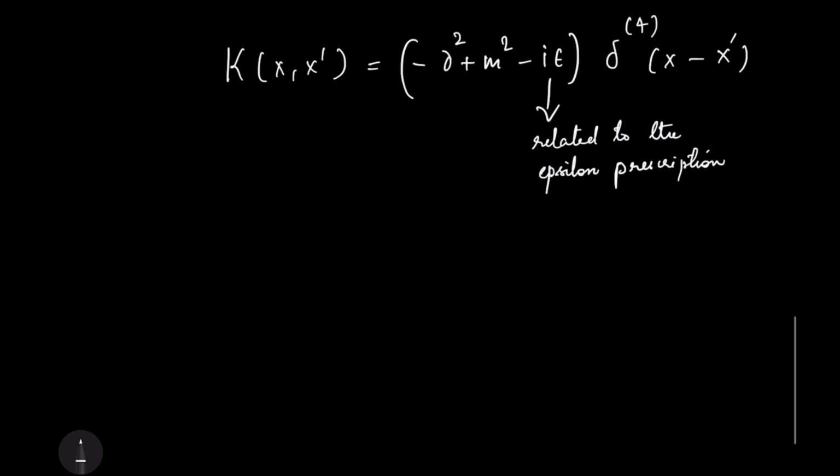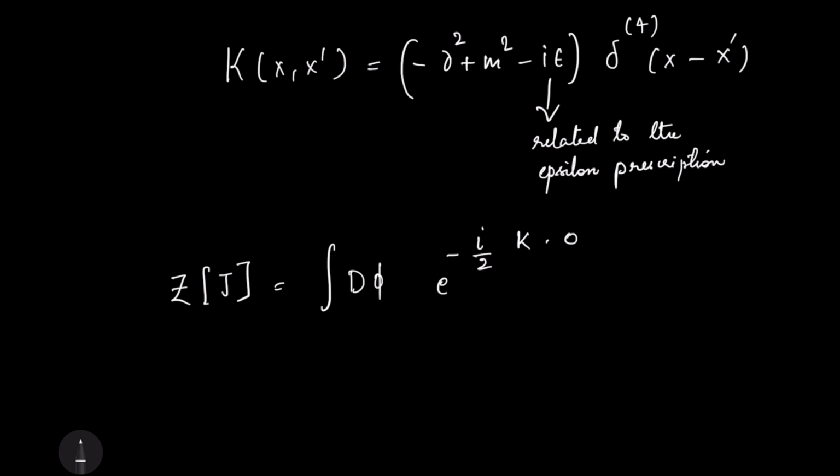I can write the generating functional as the integral d phi e raised to i times the action, so minus i by 2 phi K phi plus i J phi. I am using the shorthand notation here.